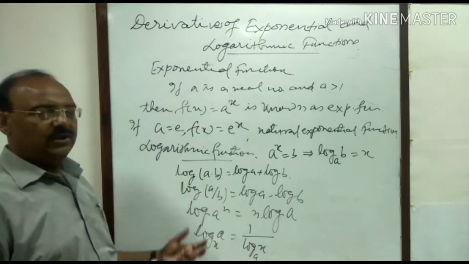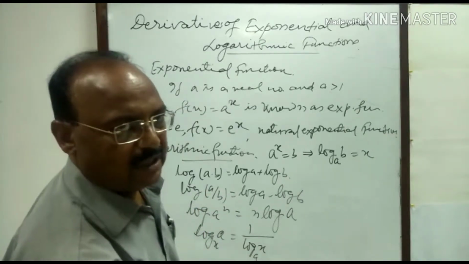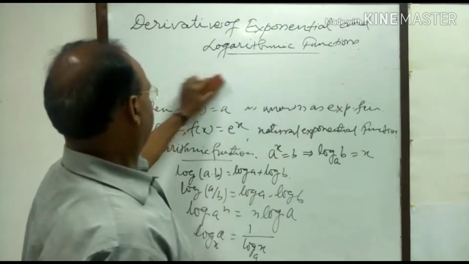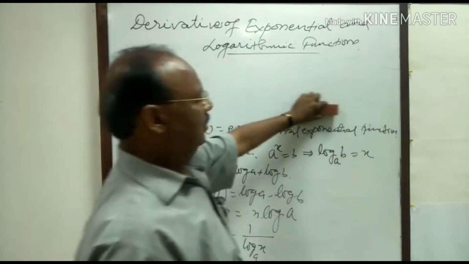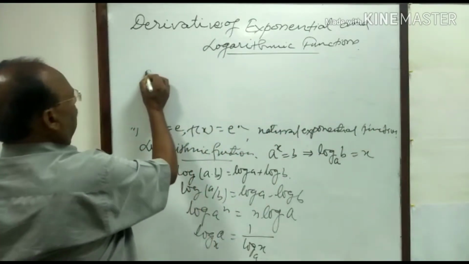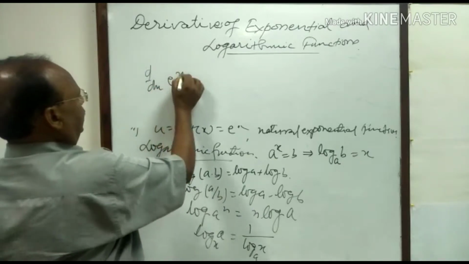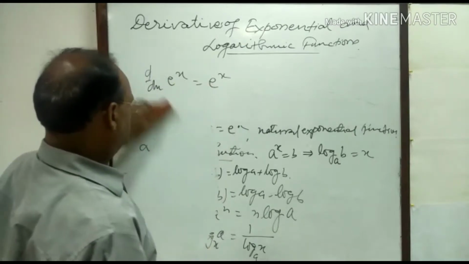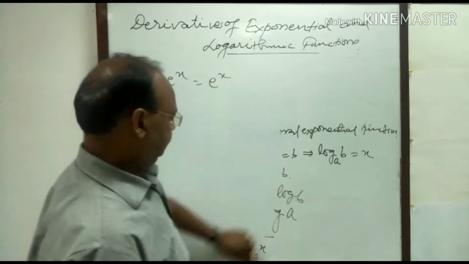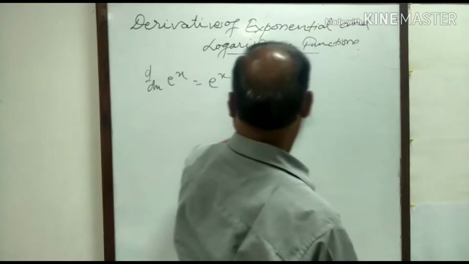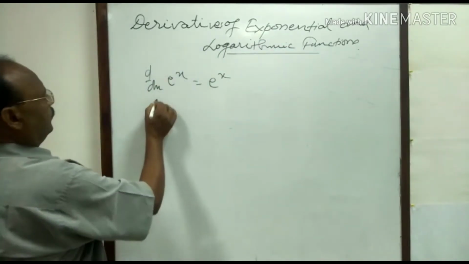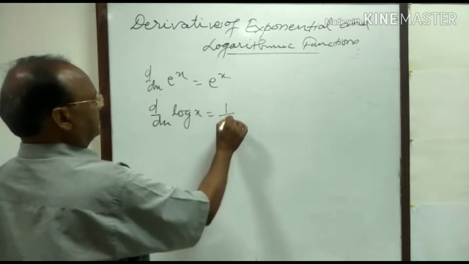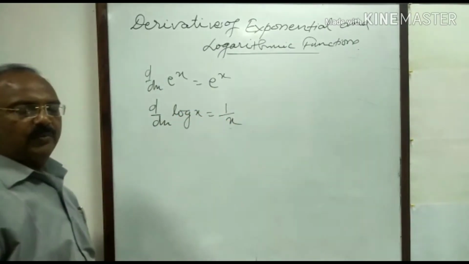And the very simple derivative formulas for exponential and logarithmic functions are, as we already know: d/dx of e to the power x is e to the power x. Secondly, d/dx of log x is equal to 1 by x.